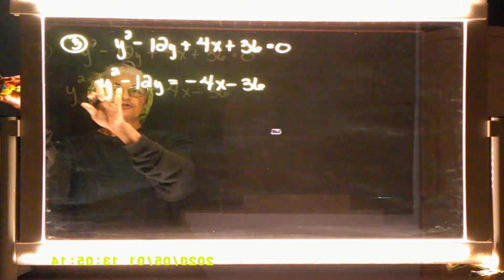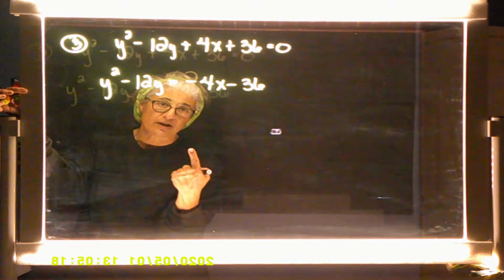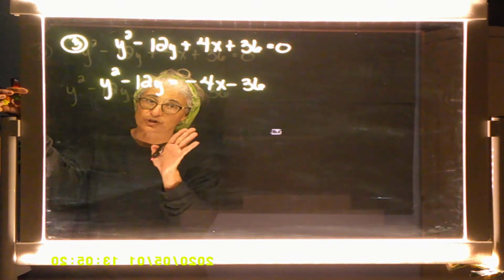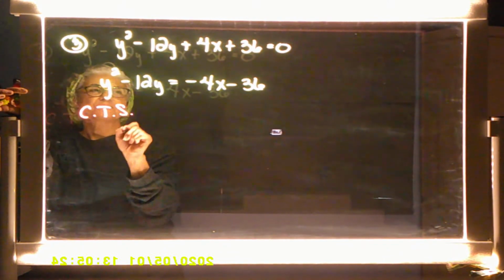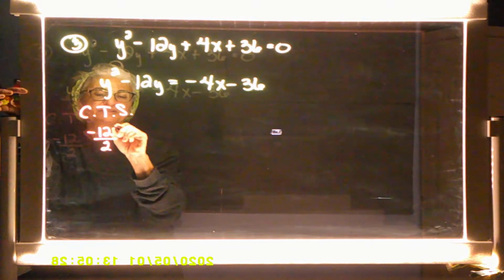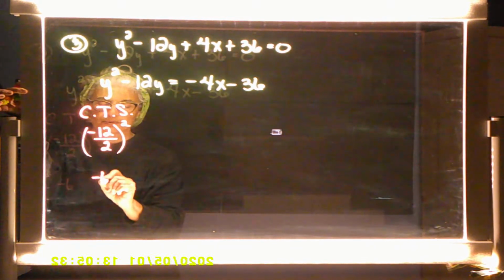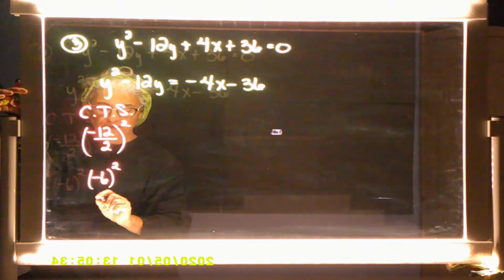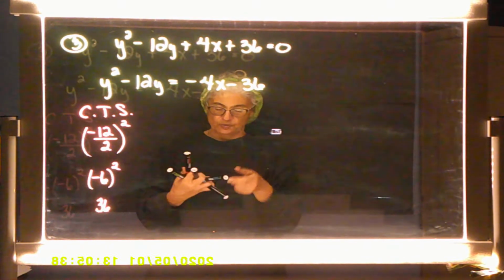Now, there's no number in front of the y squared, or I should say there is a number, but it's a 1, which is exactly what we want, so we're good. So now it's time to complete the square. I'm going to take the number in front of the y, take half of it, and then square it. So half of it will be a -6, squaring it will be a 36. With me?